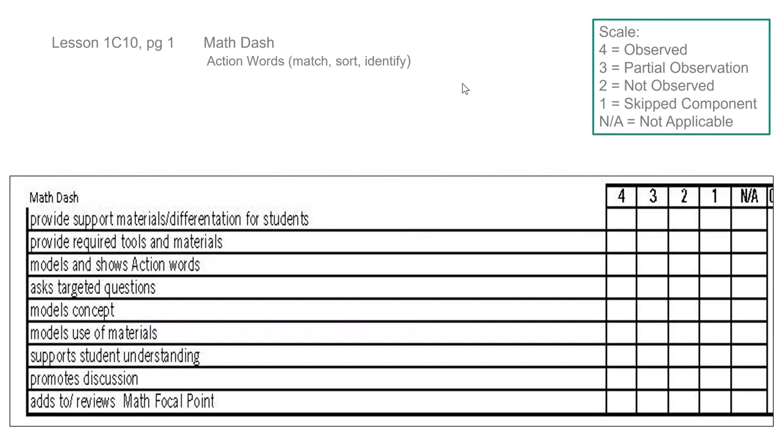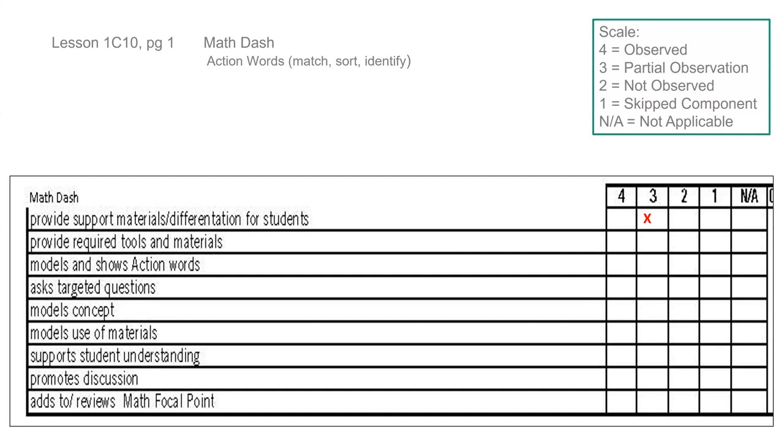So let's take a look at what happened here. When I looked at this, I'm looking at what the teacher did. It says provide support materials and differentiation for students. I did see that happen, but not to the extent that I would like to see it happen. I thought that when she was talking to the young man up by the corner of the table, and she was giving him choices, that was a legitimate strategy.